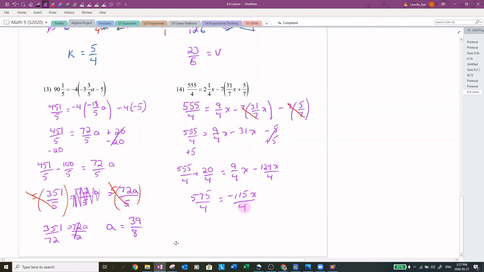And so the 4's just go away because, I mean, I say they go away, but really what I do is I multiply this side by 4 and I multiply this side by 4 and the 4's cancel. So I get 575 equals negative 115x. Divide that by negative 115, divide that by negative 115, and I get x equals negative 5.